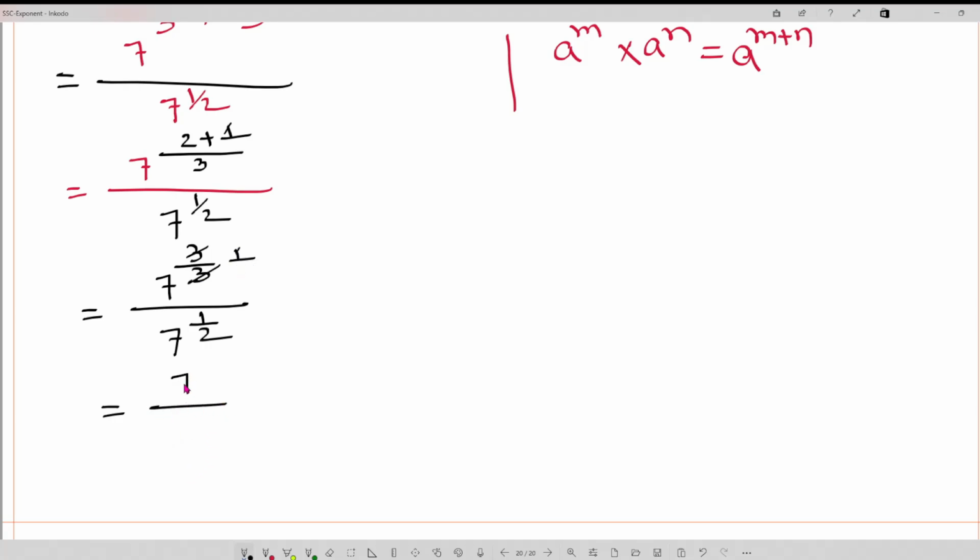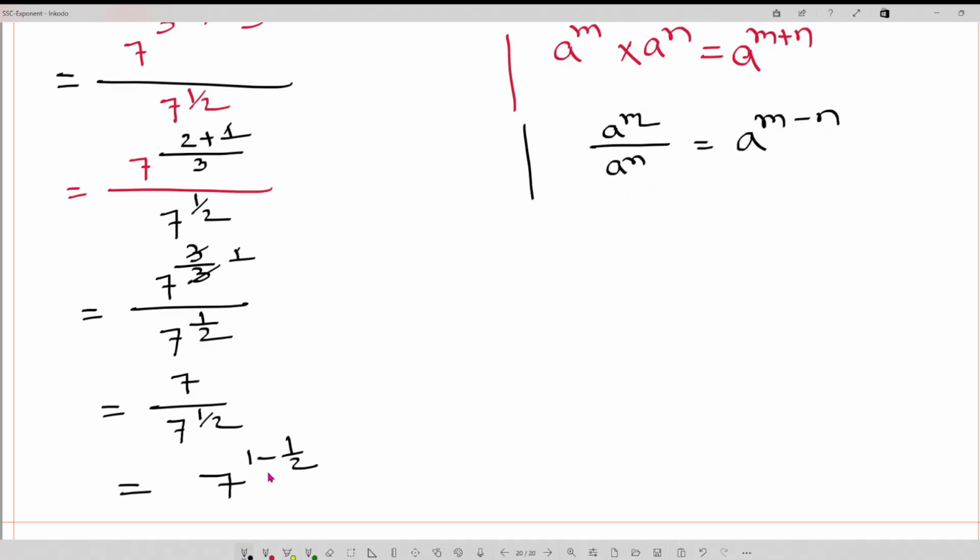So it means 7 divided by 7 to the power 1 by 2. Now we can write it like this, 7 to the power 1 minus 1 by 2. Why? Because we know once the bases are the same, in division the powers will be subtracted. It means a to the power m divided by a to the power n: here the bases are the same, so the powers will be subtracted, a to the power m minus n.